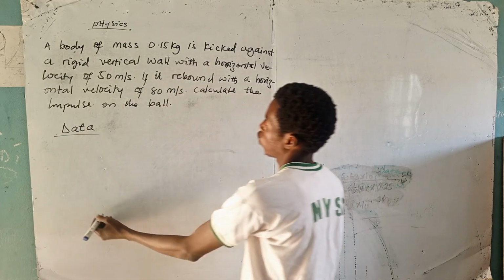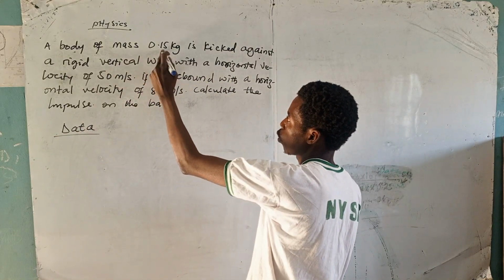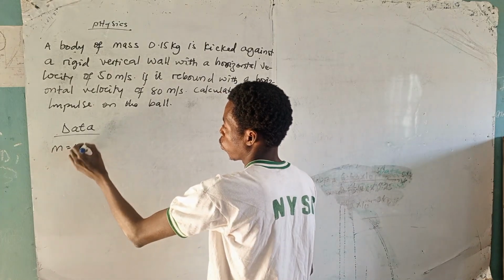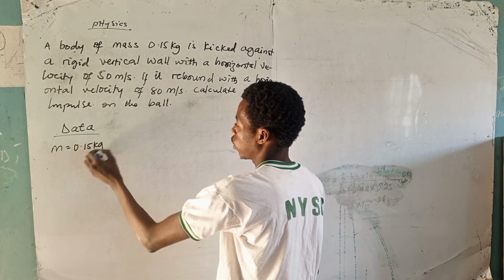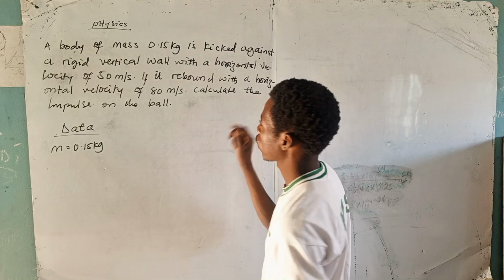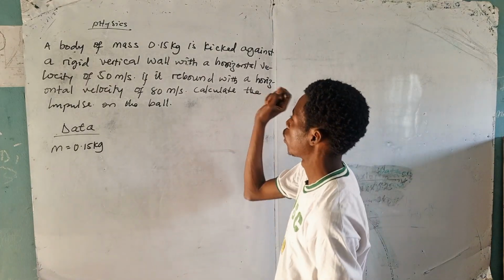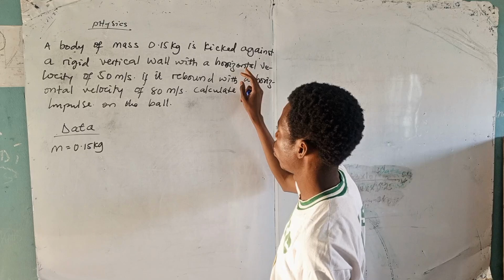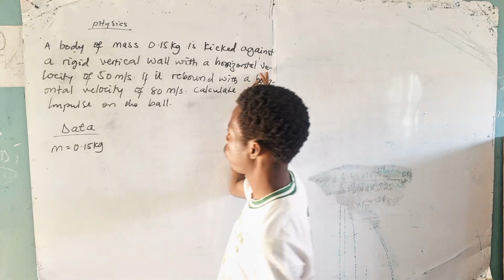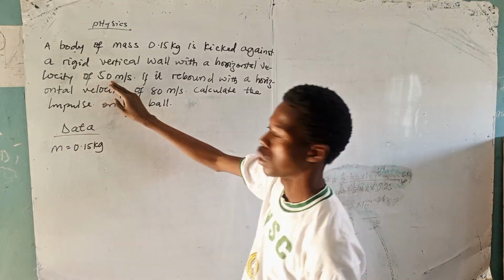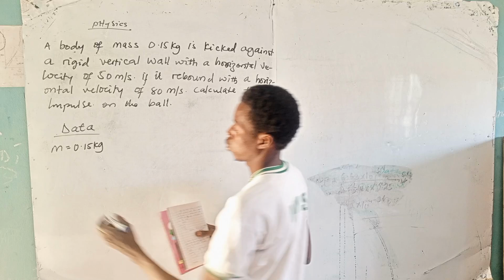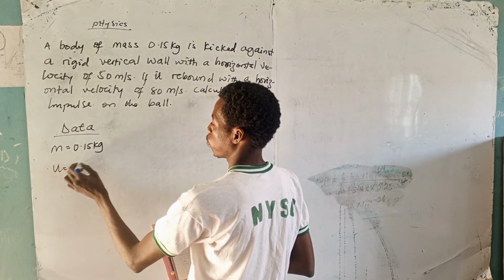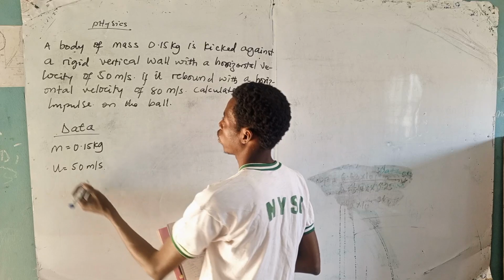From the question, we have a mass of 0.15 kg. So m equals 0.15 kg is kicked against a rigid vertical wall with a horizontal velocity of 50 meters per second. So initial velocity u equals 50 meters per second.